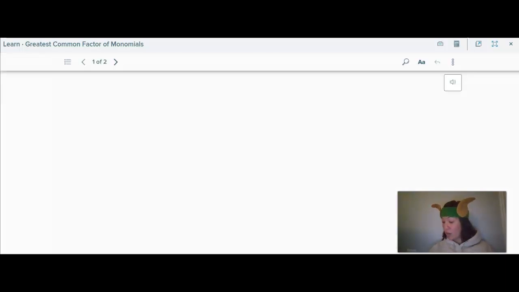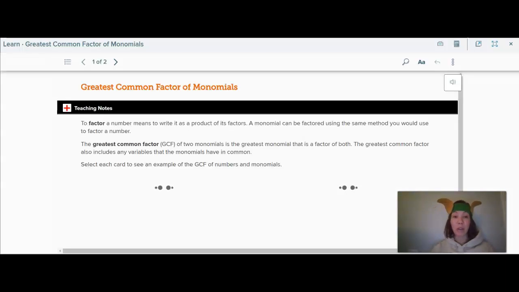Now, you also need to learn and know how to find the greatest common factor of monomials. So just like we can factor numbers, like finding the common factor of 12 and 24, the greatest common factor would be 12, right? We can find the greatest common factor of a monomial. So not just numbers, pairs of numbers, but also pairs of monomials, or more than two.